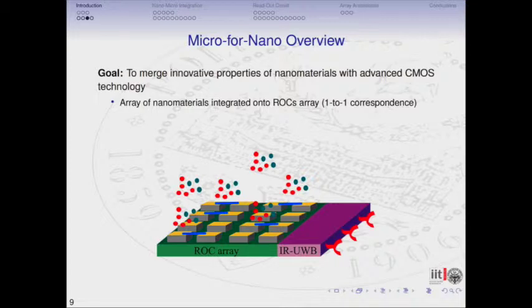And there is a one-to-one correspondence between the nanosensor and one replica of the readout circuit, so that the noise at the interface is reduced to the maximum. And then the output of this readout circuit has to be compliant with a low power wireless transmission like the impulse radio ultra-wideband.